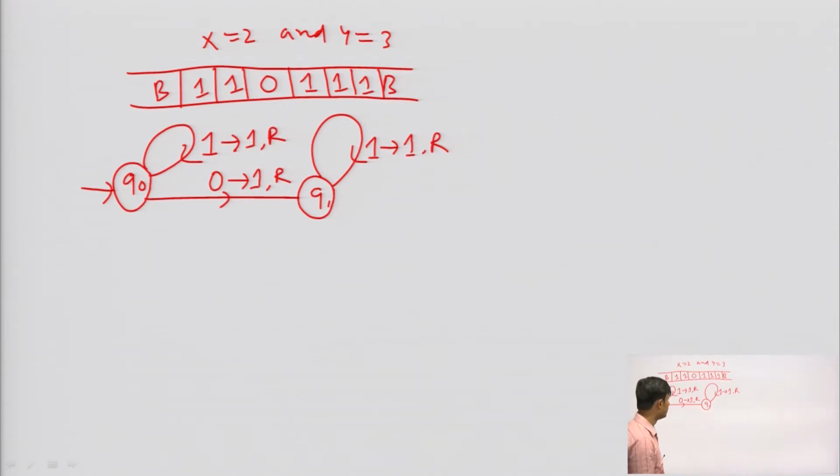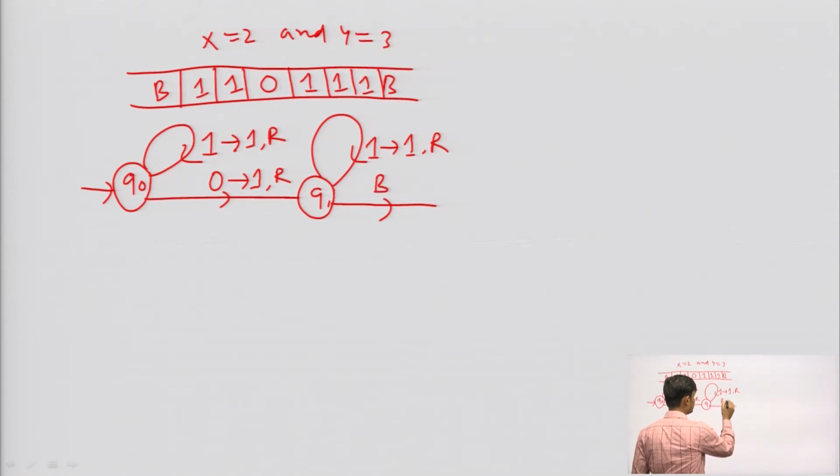Then after reading all, you will get the blank. When blank is there, the blank will remain the same and move left. Clear? So move left. Now this is Q2.